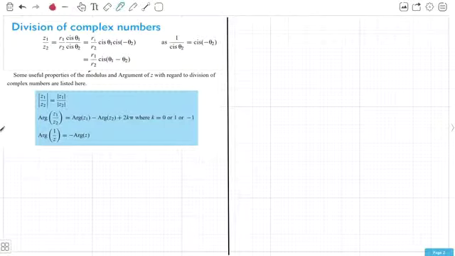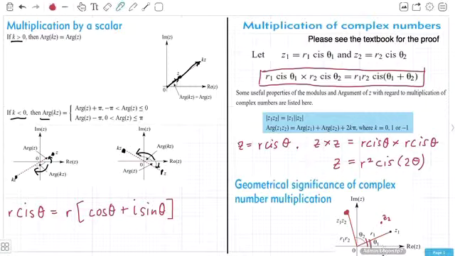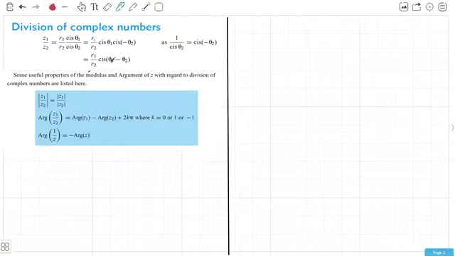So it's kind of going to end up being an opposite version of this. You'd be going back the other way, subtracting one angle from the other, and your divided complex number will become shorter because you've got a division of those moduluses. And there are some other properties here that are interesting that we get from this result. But this is the key result.